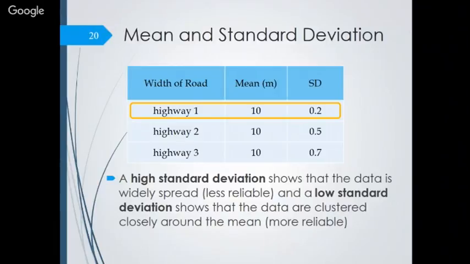From this example, I highlighted here that highway 1 has a uniform width. Though all the highways have an average width of 10 meters, highway 1 has an almost uniform width, because its standard deviation is the lowest. In such a way we can assess data with the help of mean and standard deviation.